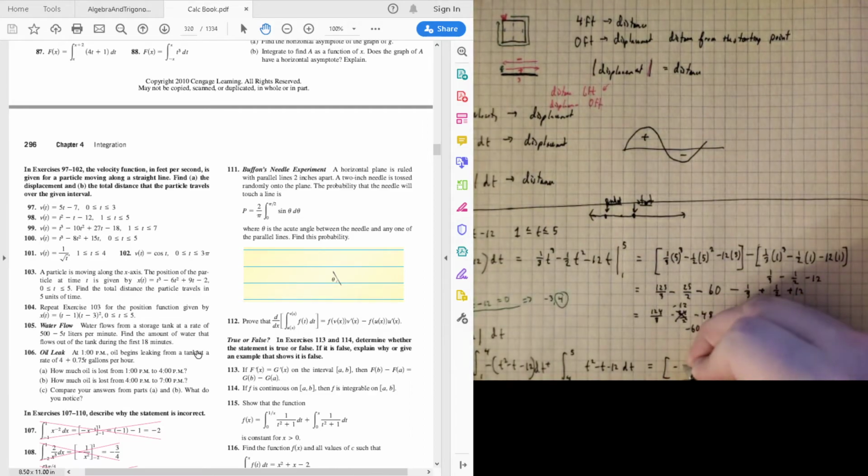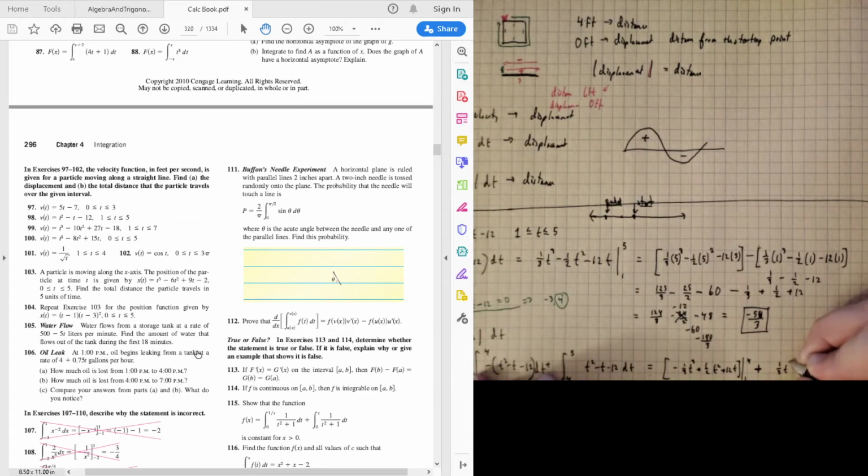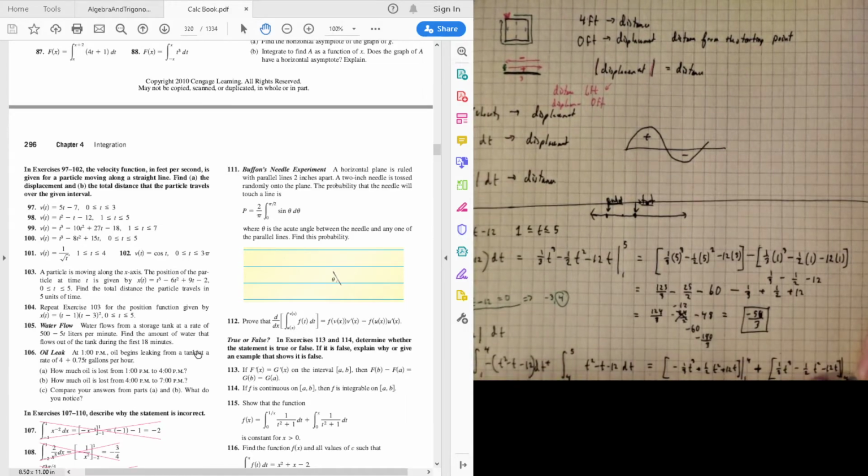This will become negative 1/3 t cubed plus 1/2 t squared plus 12 t from 1 to 4, plus 1/3 t cubed minus 1/2 t squared minus 12t from 4 to 5.